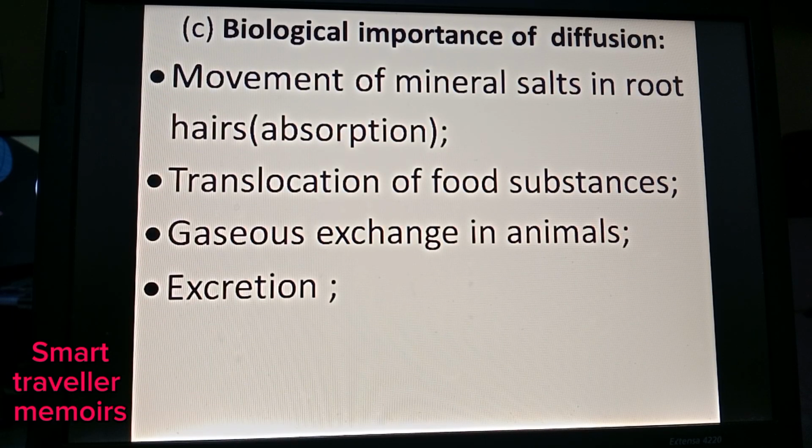Biological importance of diffusion, because osmosis is a special type of diffusion. So what is the biological importance of diffusion generally? Movement of mineral salts in root hairs, translocation of food substances, gaseous exchange in animals, and excretion.